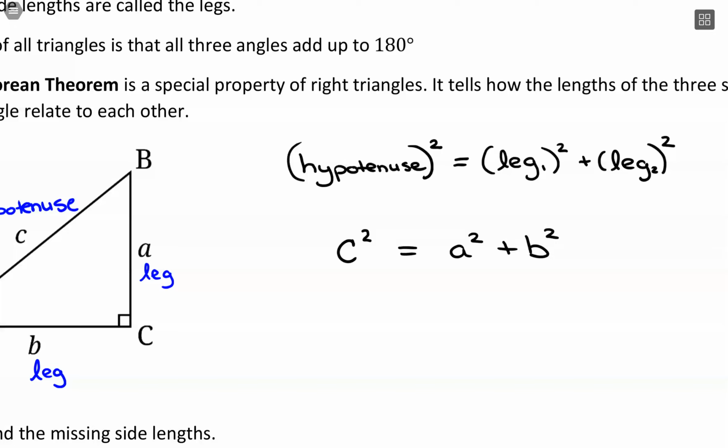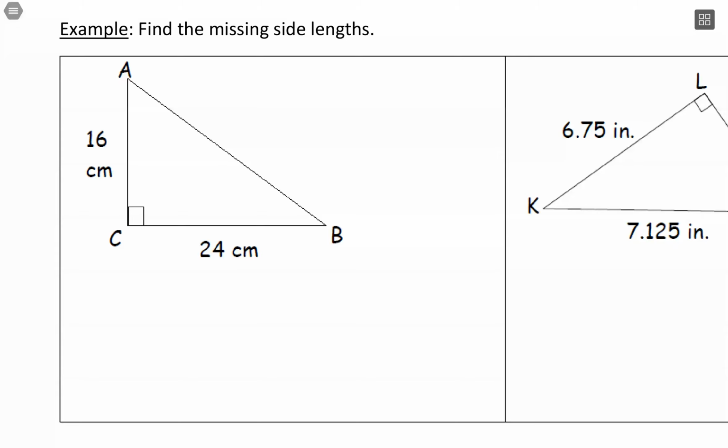So this allows us to solve for missing side lengths when we have a right triangle. So let's look at two examples here. So with this one, first thing I like to do is just make note of where the hypotenuse is. So I can see my 90-degree angle there, so opposite of it would be the hypotenuse. So in this case, our hypotenuse is the unknown. I'll just call it x.